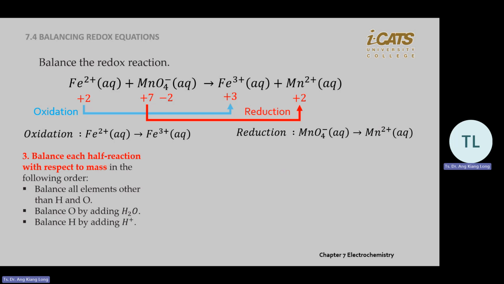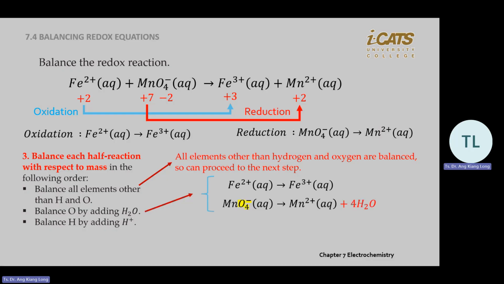Once you balance all the other elements, you go for oxygen first. If you see oxygen, you add water on the product side. If you see H, you add H plus on the product side. Yeah. So go home and see this example, how this one is done.